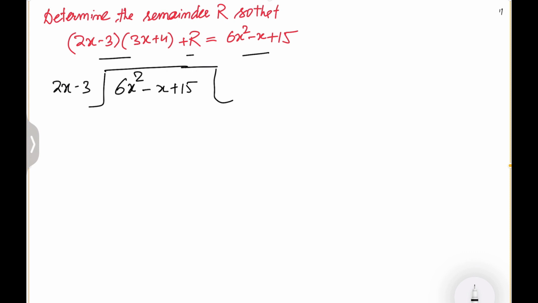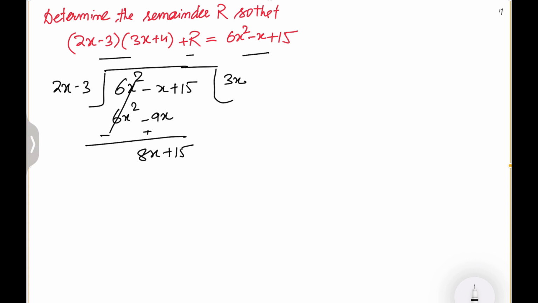Looking at the first term of the dividend and divisor, the quotient term will be 3x, that we already know. So it will be 6x squared minus 9x. Subtracting these two, this will cancel, and here we have 8x plus 15.